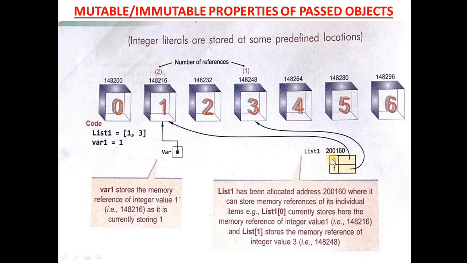So the 0th index is storing 1 and the first index is storing 3. The values are pointed to this memory like this. This is how the memory is allocated when you write these two statements.